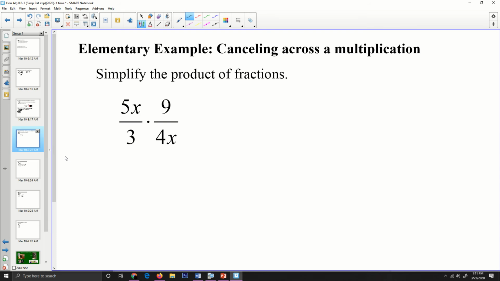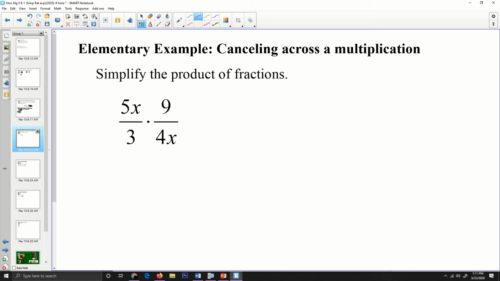Canceling across multiplication, we can simplify this product of fractions by canceling before we actually do the multiplication. I notice that along this diagonal, from the upper left to the bottom right, I have a factor of x in both terms.